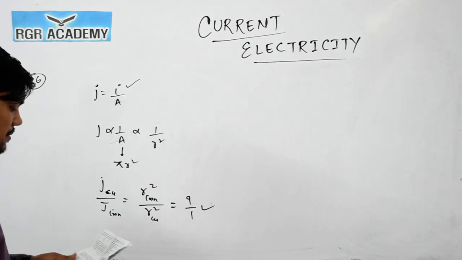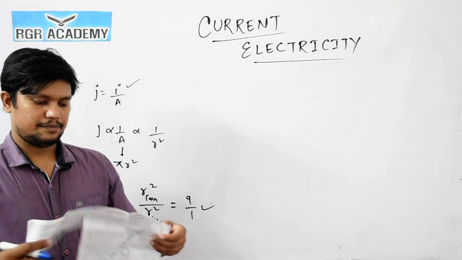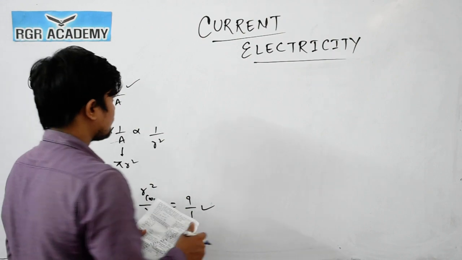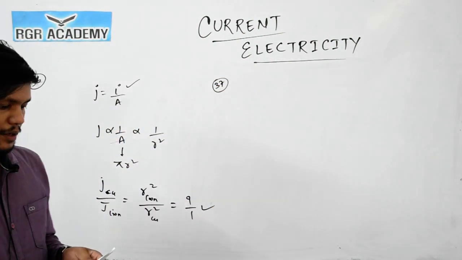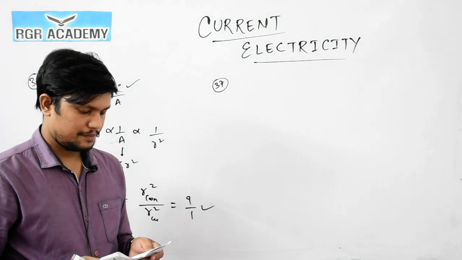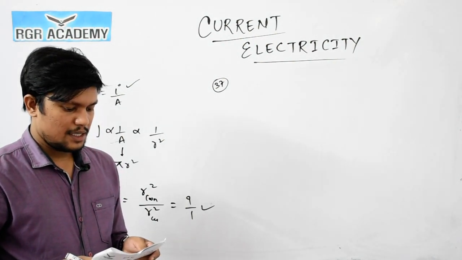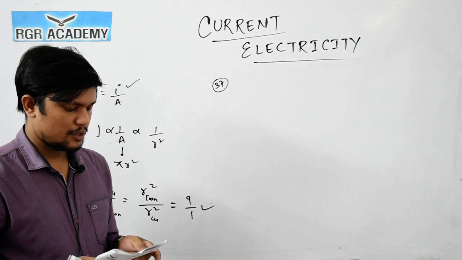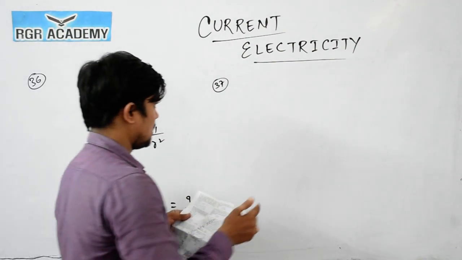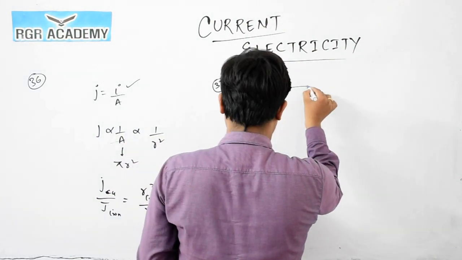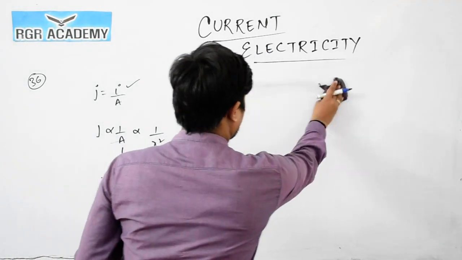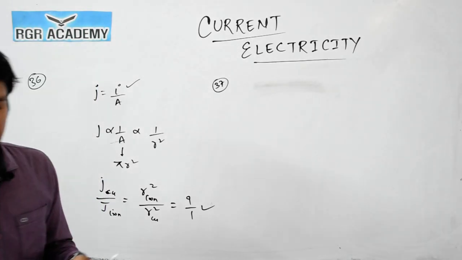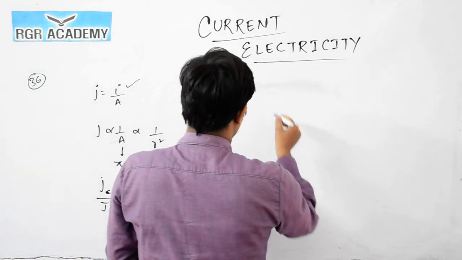Simple question. Now question number 37. There are n rows, each containing m cells in series, and the rows are joined in parallel. So n number of rows are there like this, and each row is containing m cells in series.